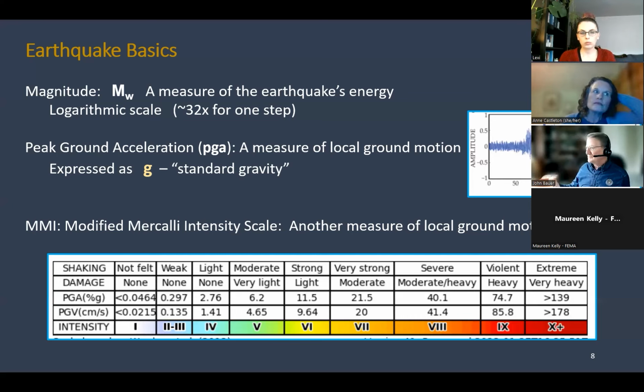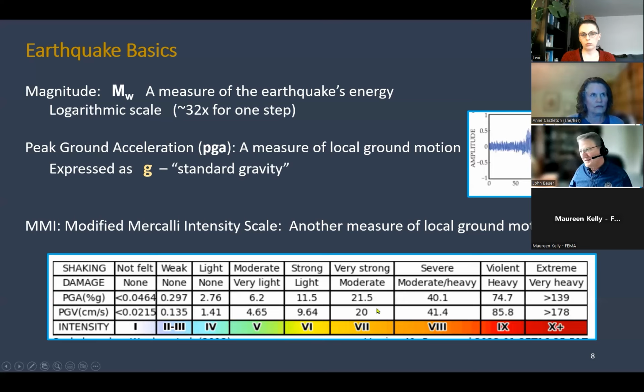However, for the non-specialist, you'll typically hear the local shaking intensity expressed as the Modified Mercalli Intensity scale. And those are Roman numerals 1 through 10, as you see on the bottom. And the warmer colors there mean more shaking and more damage. So this is a somewhat subjective scale. It combines the human experience and also building damage. Okay, and if you notice those breakpoints, for those of you who get into this thing, they are not linear breakpoints there.